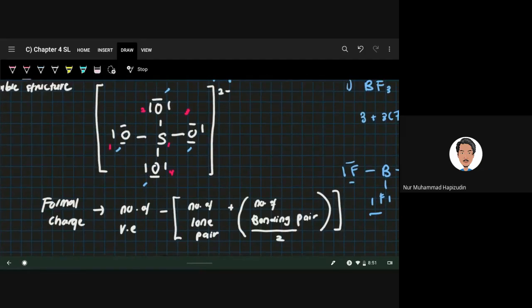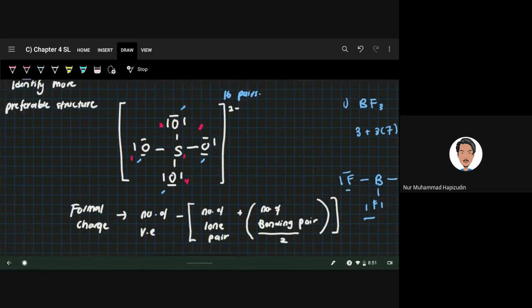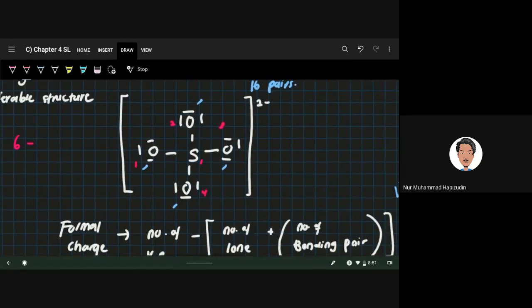What's the valence electron for oxygen? 6, right. Oxygen 6. Minus, first how to calculate the minus. This is 2, 1, 2, 3, 4, 5, 6, 7. 6 minus 7 dapat berapa? Negative 1. So this is negative 1.